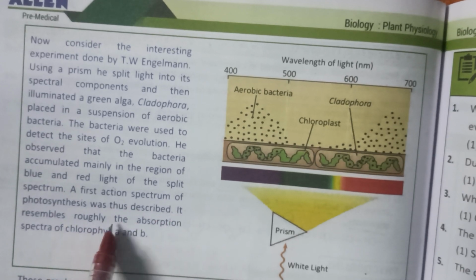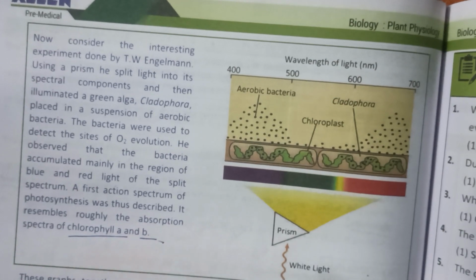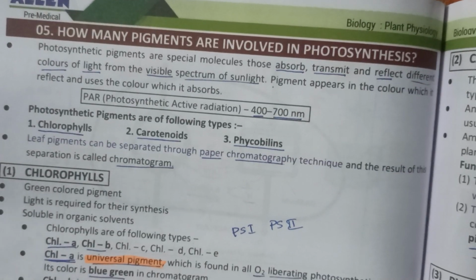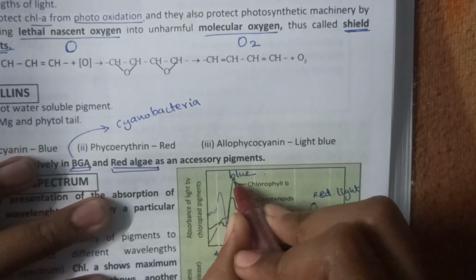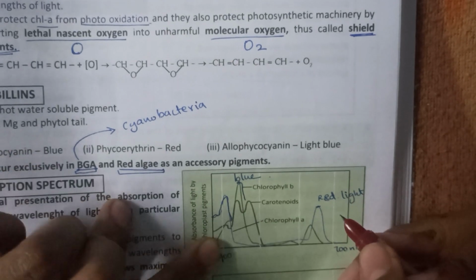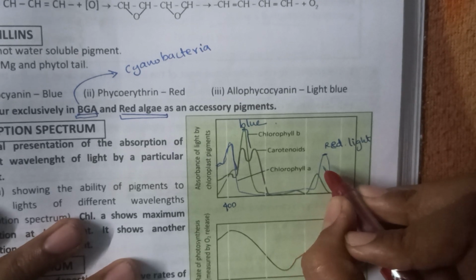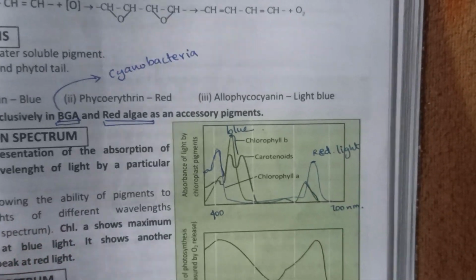It resembles roughly the absorption spectrum of chlorophyll A and B. From this graph also you can see that at blue light chlorophyll B and chlorophyll A have a peak, and at red light also chlorophyll A and chlorophyll B have a small peak.